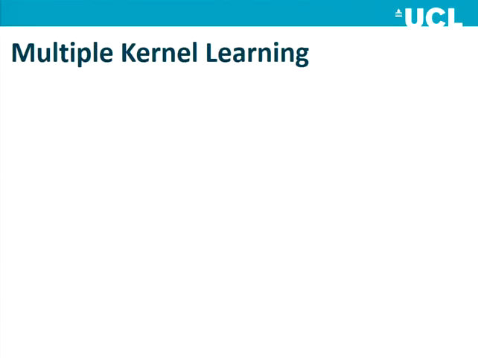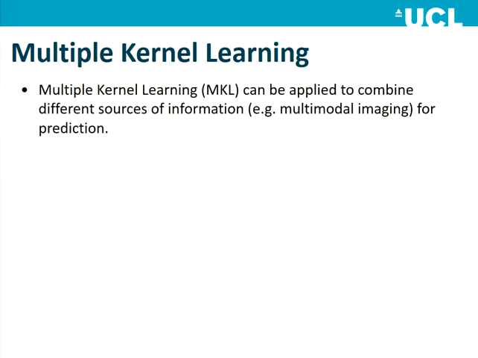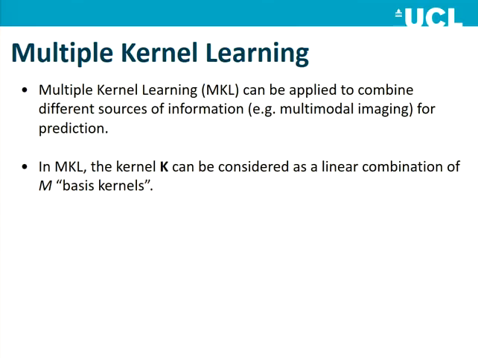Just touching very briefly because I'm running out of time. Another advantage of kernel methods is that we can use them to combine different types of data easily. It's a very nice framework that we can use to combine, for example, multimodal information for prediction, and multiple kernel learning is an approach that can do that.